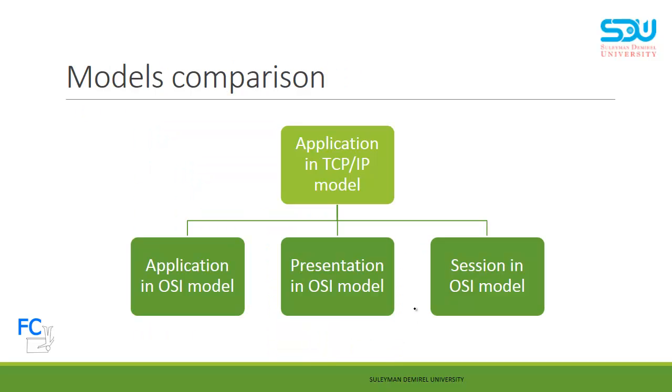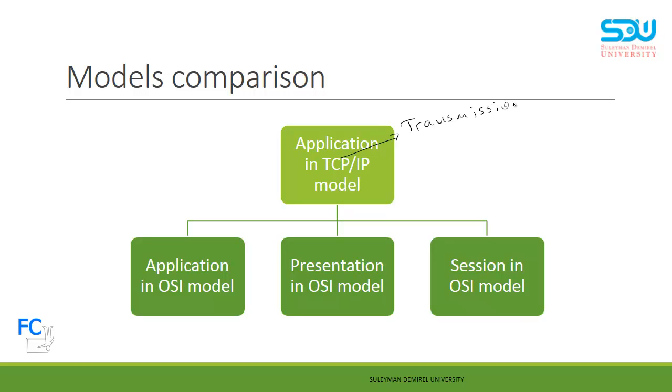Models comparison. So in the TCP/IP model, the application layer of the TCP/IP model has elements of the application, presentation, and session layers of the OSI model, the Open System Interconnection model. And by the way, TCP is transmission control protocol. So let me write it here.